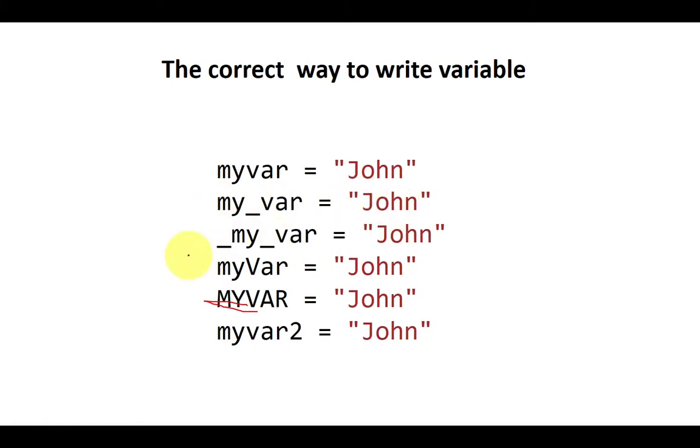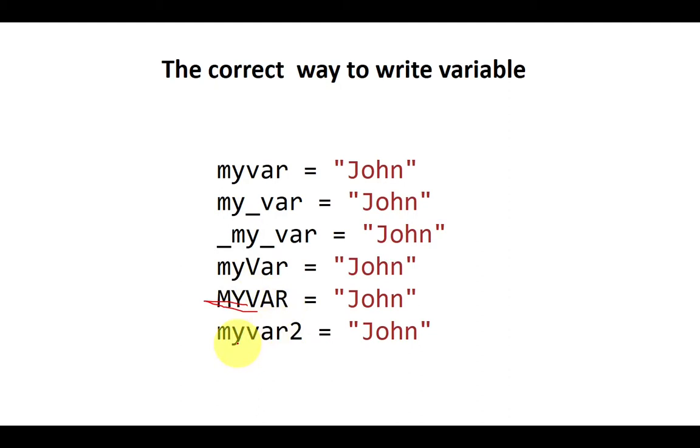Here the underscore is in between my and var, or starts the name with another underscore, or we have My with a capital letter Var, or we can have all capital letters.